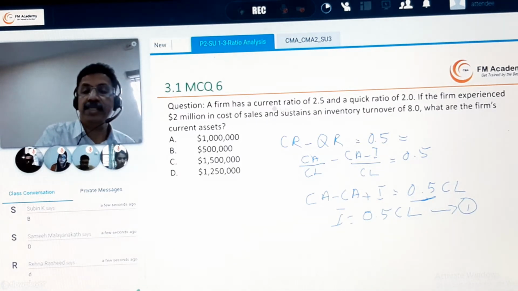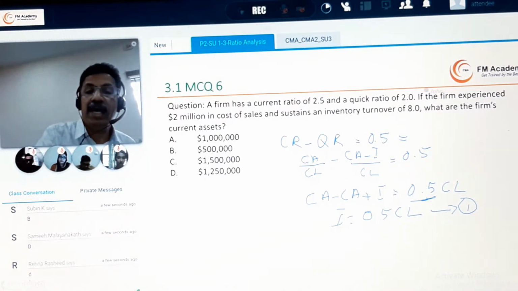If the firm experiences 2 million in cost of sales and sustains an inventory turnover of 8, that means cost of sales is 2 million and inventory turnover is equal to 8, right? This is the formula for inventory turnover: cost of goods sold divided by average inventory equal to 8.